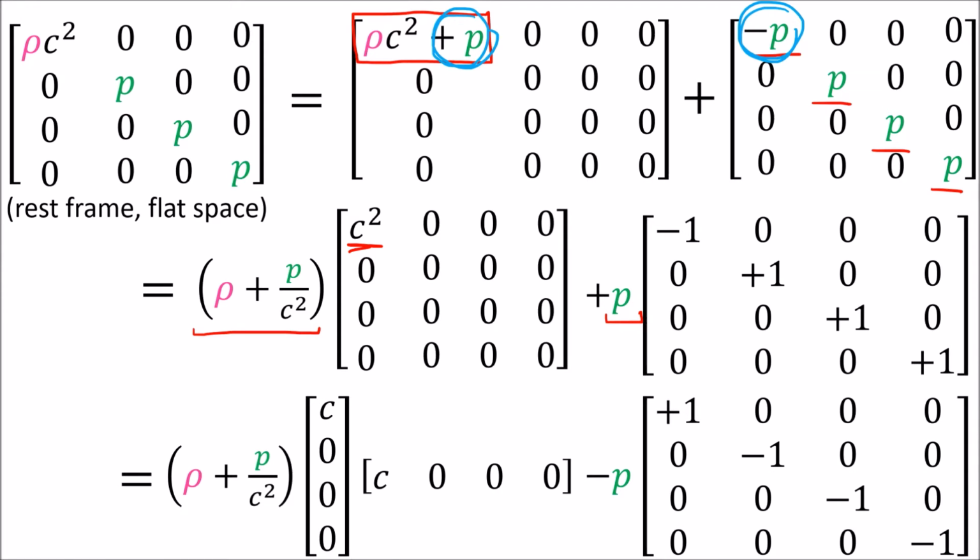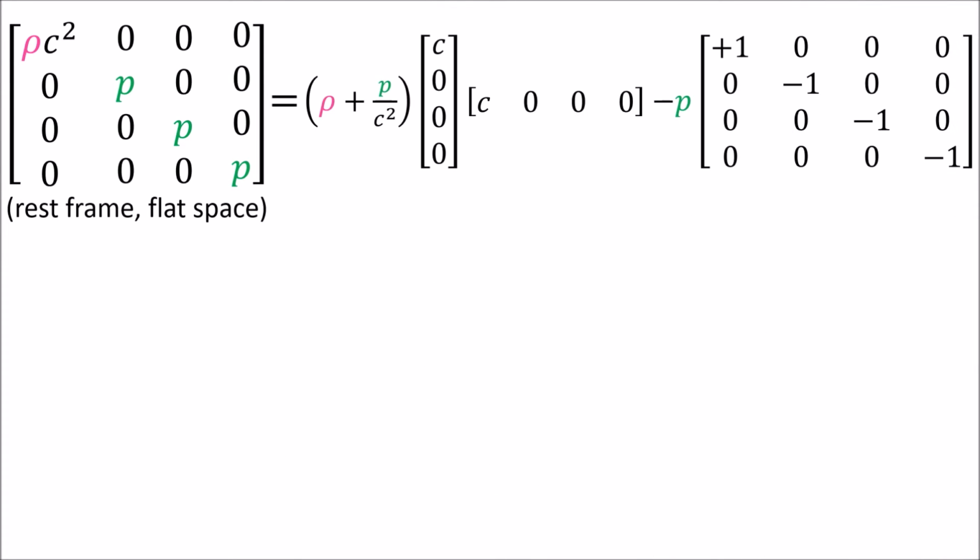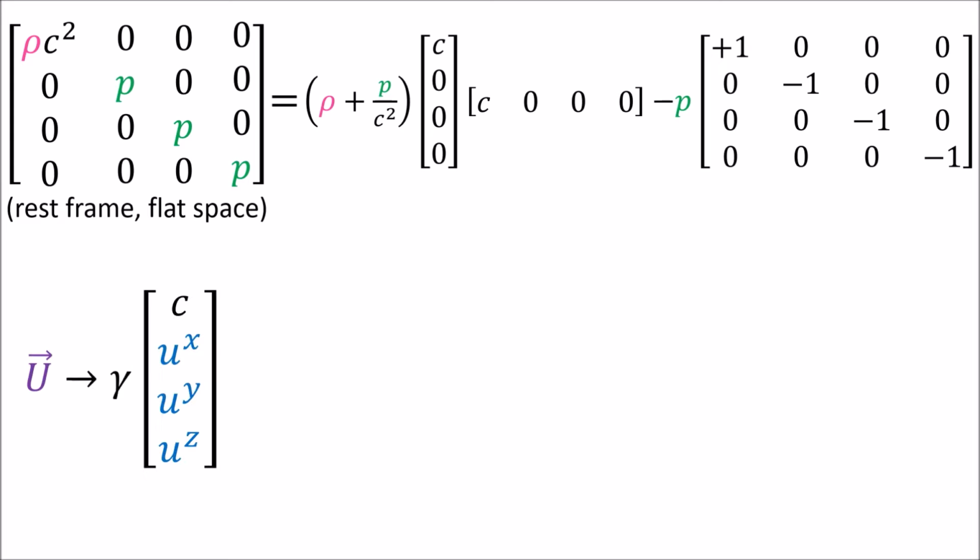The first matrix can now be written as the outer product of a column vector and a row vector, each with c in the first entry and zeros everywhere else. I'm also going to factor a -1 from the second matrix to flip all the signs in it. Now, if you recall, the components of the 4-velocity vector are given in this column multiplied by the gamma factor.